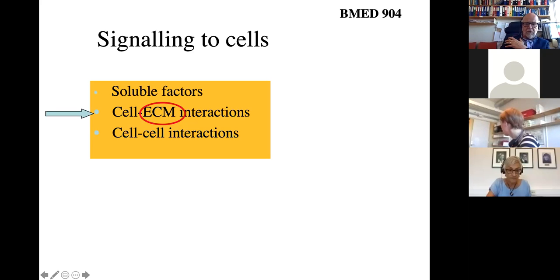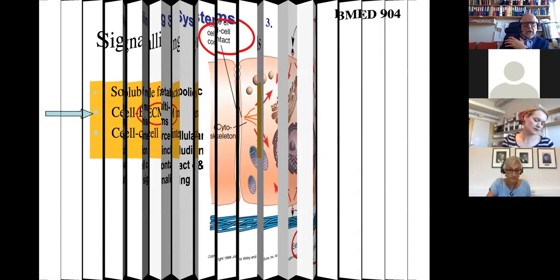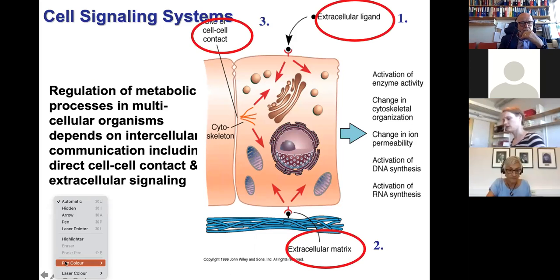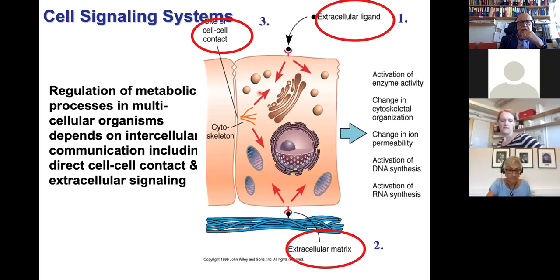Extracellular matrix from now on is abbreviated ECM, right? And this is just a schematic illustration of these different types of interactions: cell-cell contact, soluble interactions, and what we will be talking about for the next 2 hours, the interaction with the extracellular matrix that occurs at very specific sites via very specific receptors.